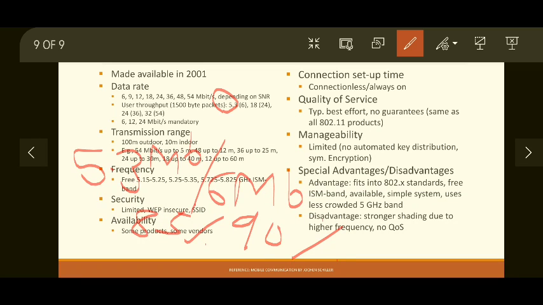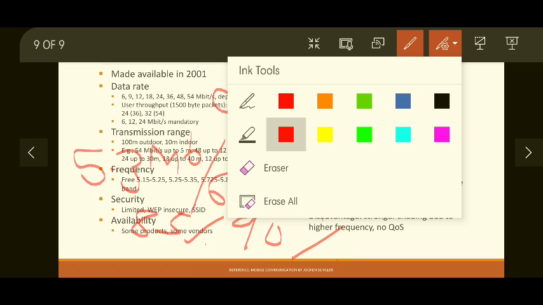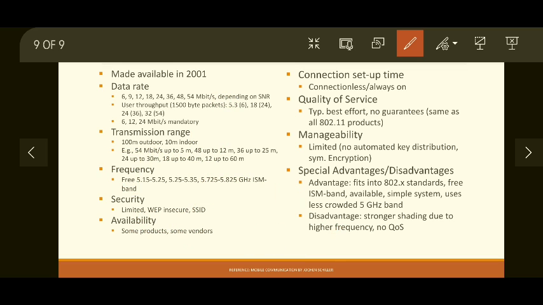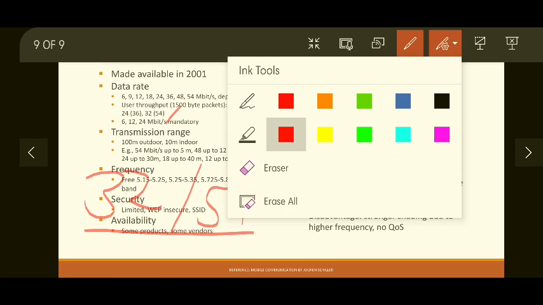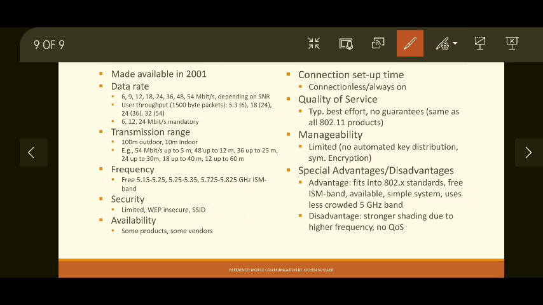So that is a very good improvement in throughput. For 24 Mbps, 18 Mbps user data rate is supported, and for 54 Mbps, 32 Mbps is supported. So as you move to a higher data rate, the throughput ratio decreases. That is one of the limitations.